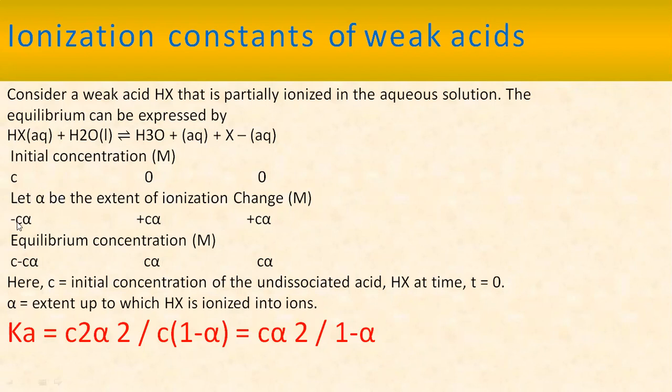So let the ionization start and alpha be the change. We put minus C alpha for the acid, which means the dissociation starts and the protons start moving towards the acceptors. Then we represent C alpha with positive in the product side, plus C alpha.